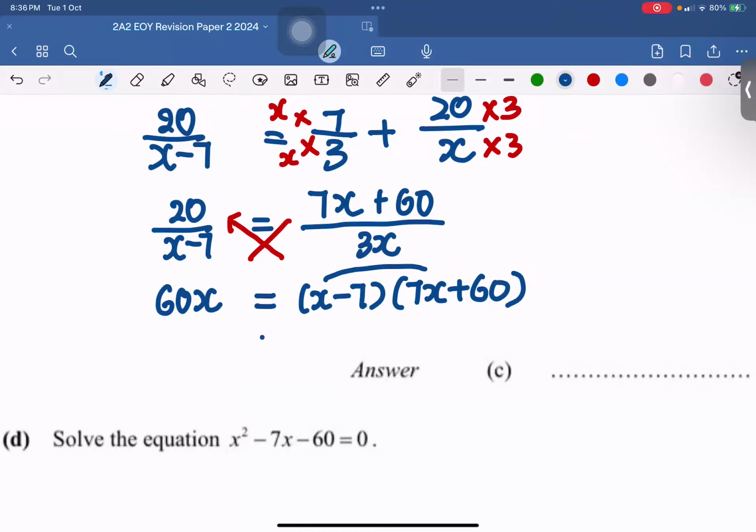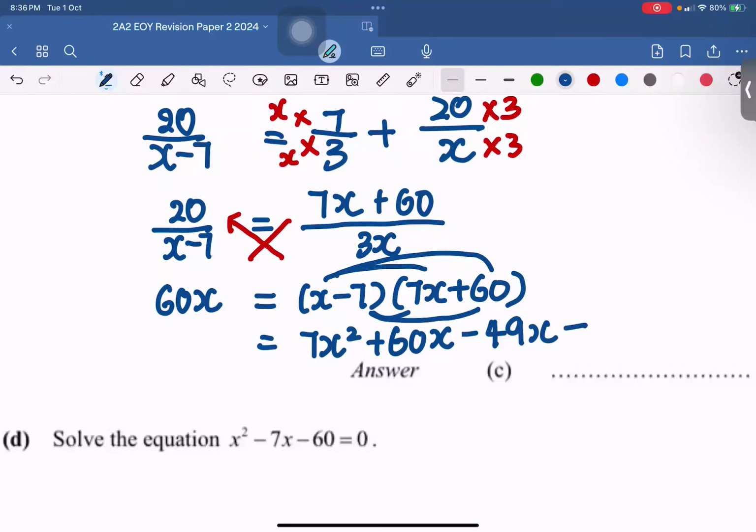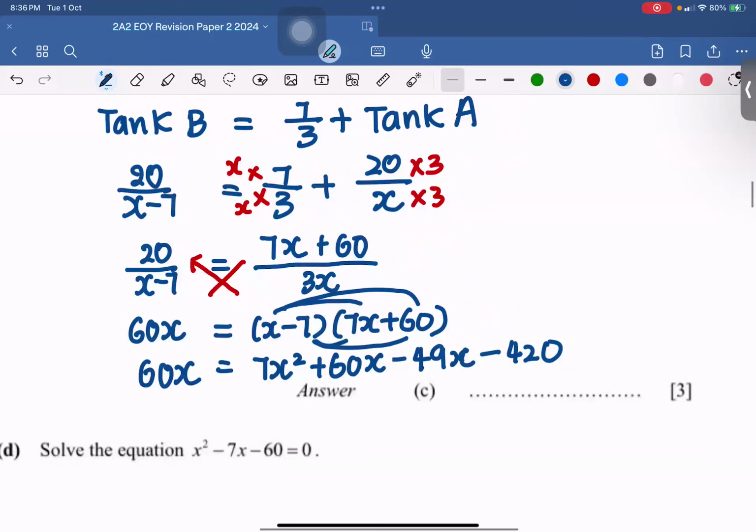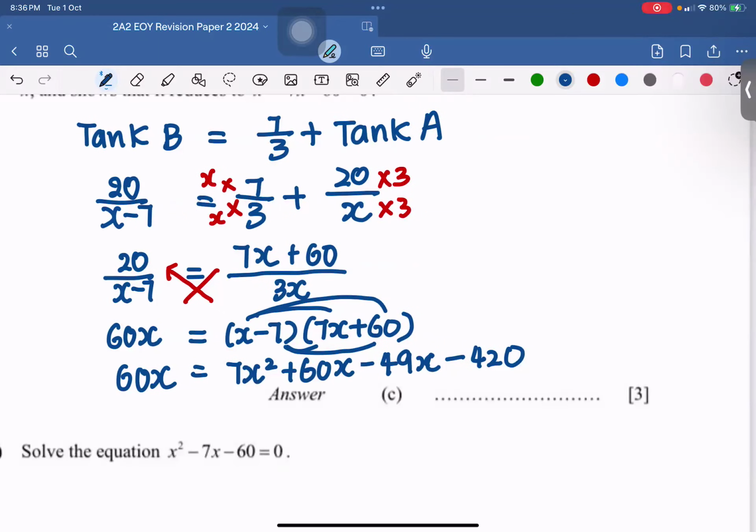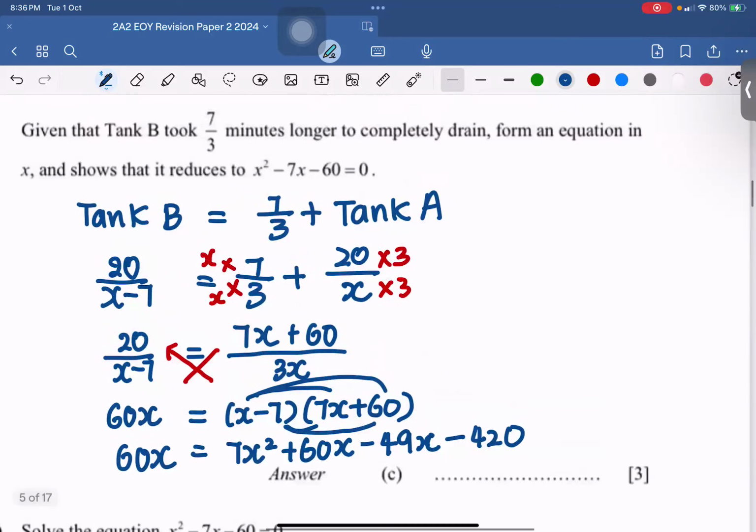This one will be 7x squared. This one will be 60x. This one will be negative 7 times 7, 49x. Minus 60 times 7, 420. Okay, is this part still okay? You all know how I get this?